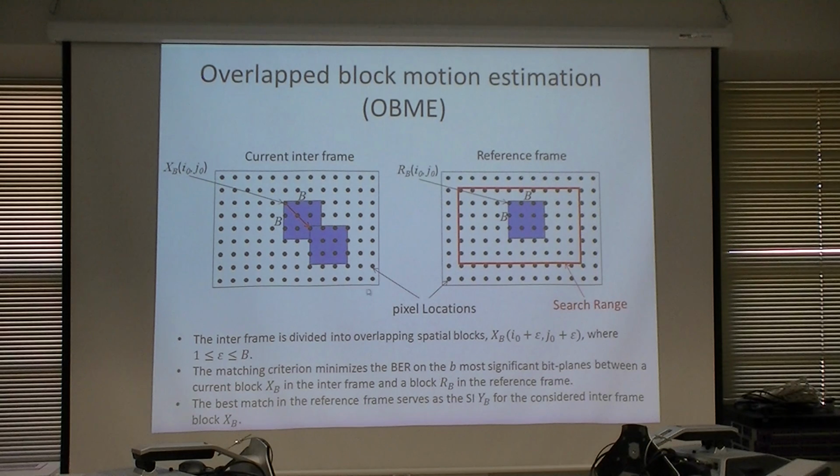In the current frame we only have the most significant bit plane information for each pixel, and we don't know the less significant bit planes and all the chroma bit planes. The reference frame is the previously reconstructed interframe or the key frame. It has all of the information.